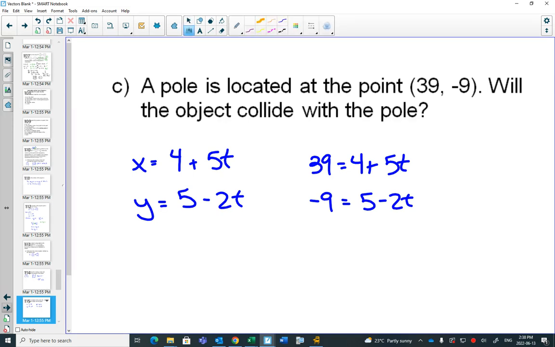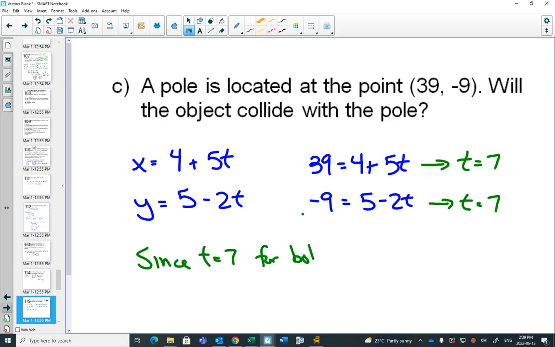A little bit of mental math here: move the 4 over, divide by 5. This would happen when t is 7. And a little bit of mental math here: move the 5 over, divide by negative 2. Since t is equal to 7 for both of them, okay?